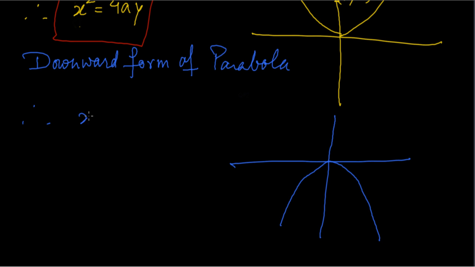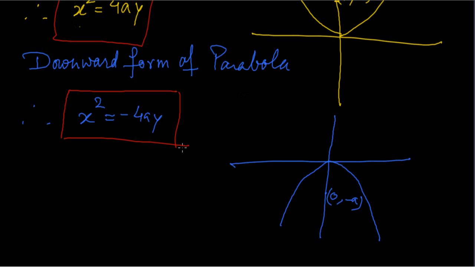It would be like this. The focus would be 0, minus a, so the equation is x square is equal to minus 4ay. In this way we could easily find out the parabola. Whatever the form is given, we have to compare with all these four forms, and we could easily diagnose which sort of parabola it is.